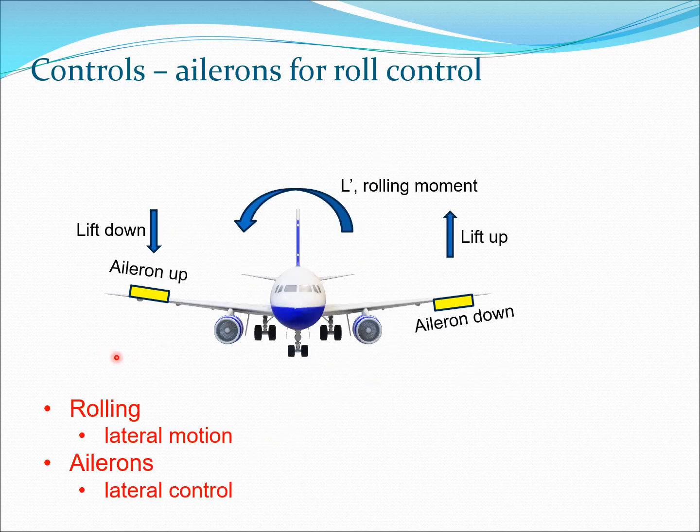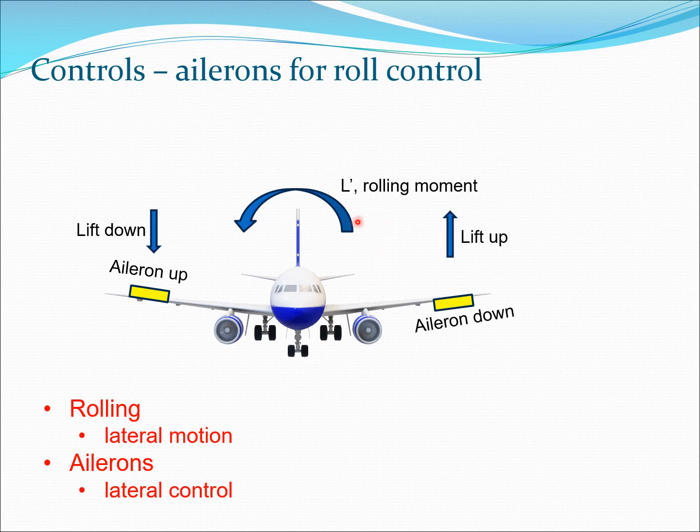So let's take a front view of this aircraft. If you look at it from the front, you can see if the aileron is put down on this side, the lift will go up. If it's put up on this side, the lift will go down. And so the net result will be that a rolling moment is developed, and this is the rolling moment L dash.